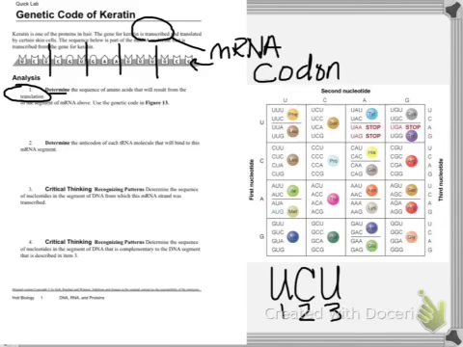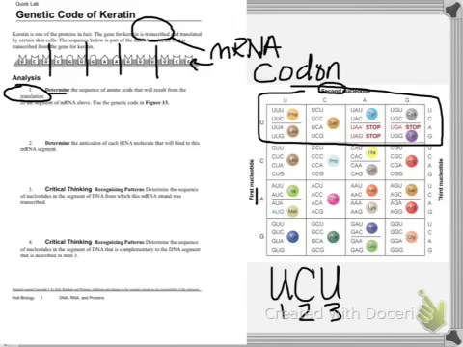So number 1 is our first nucleotide, and that is going to then be in this row. Our second nucleotide is C, so really we've narrowed it down to this box right here. So I don't even have to go further because there's only one amino acid for either of these sequences. So my first is SER.